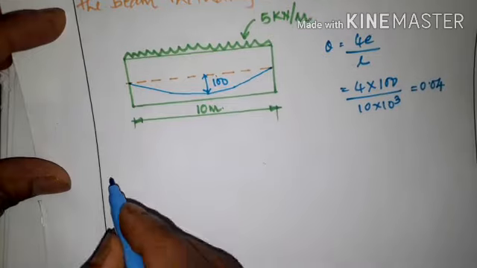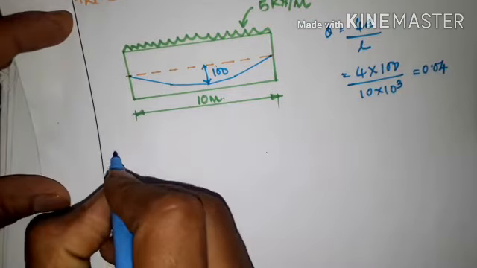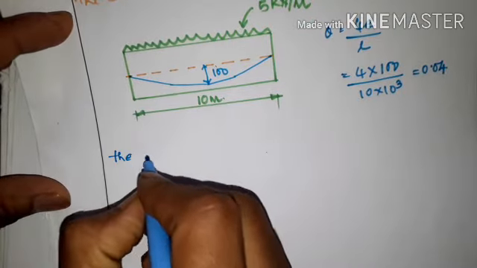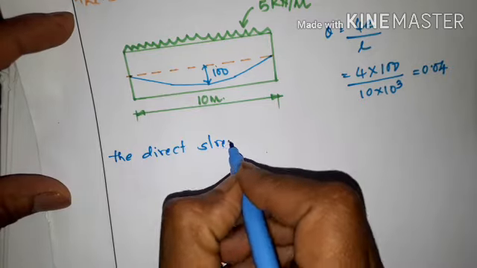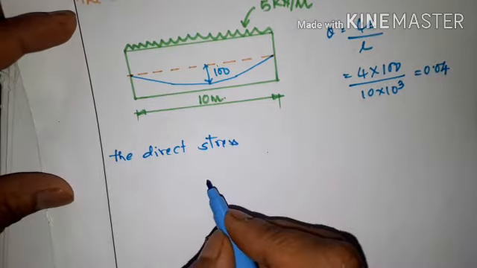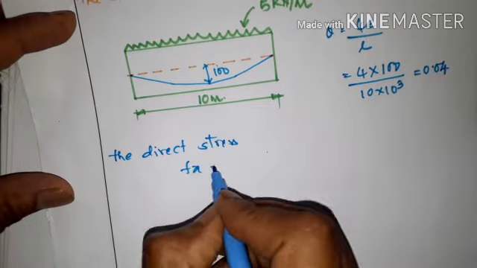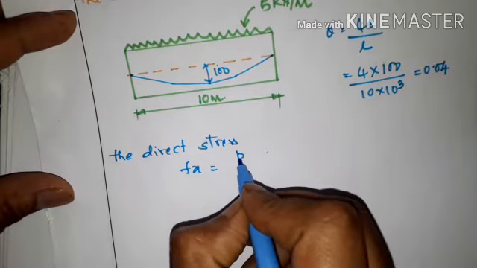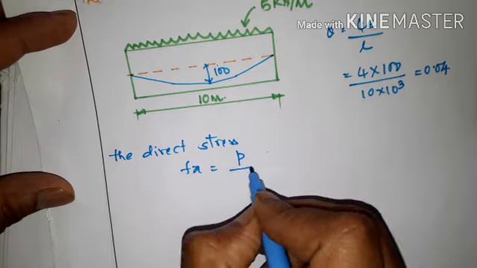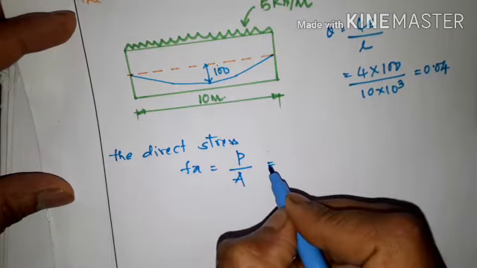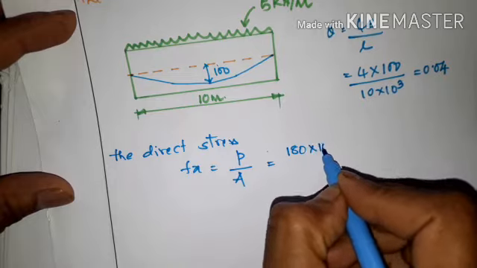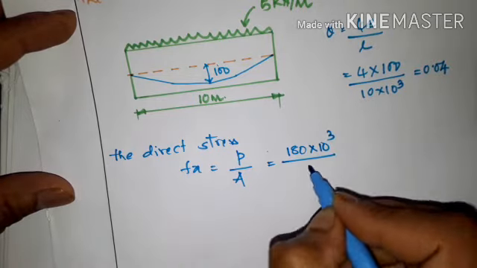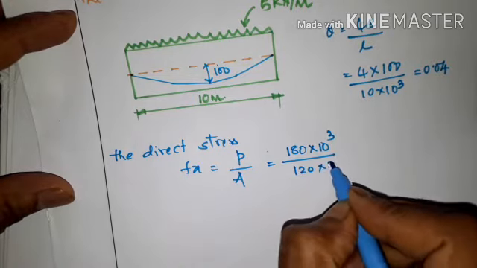So first is the direct stress. Fx is equal to P by A. P is given as 180 into 10 to the 3, the area is 120 by 300.